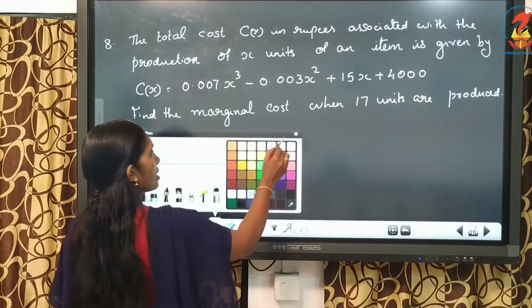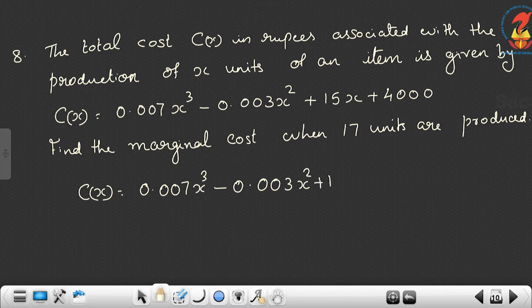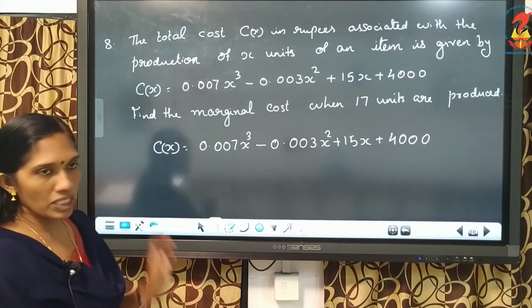So total cost is given, that is C of x in terms of x, where x means the number of units produced. C of x is 0.007 x cube minus 0.003 x square plus 15x plus 4000. So this is the total cost associated with production of x units.